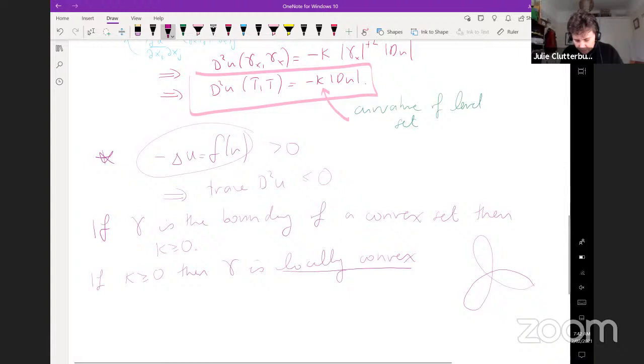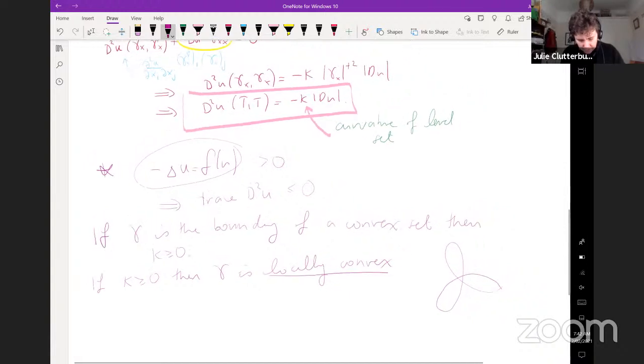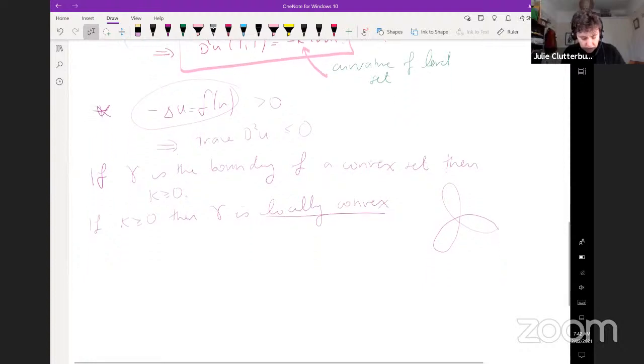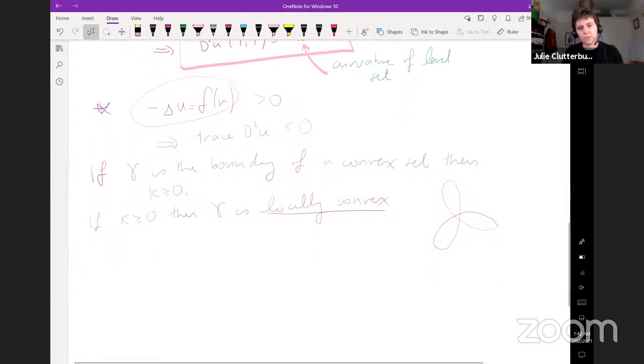And now that we've made this calculation here, we can observe that log concavity will always imply quasi-concavity.